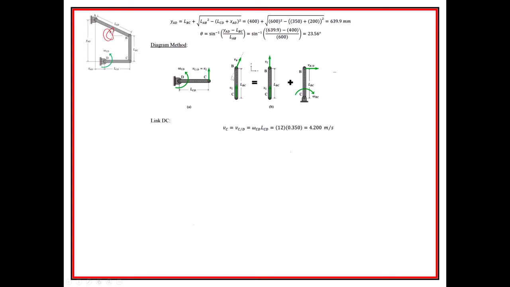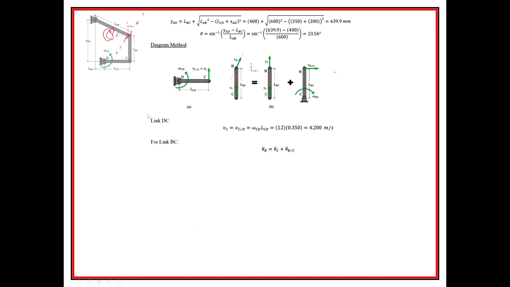And we note that one of the special things is the direction of VB has to be aligned along this axis right here, or along this line. And by the way, this angle right here is going to be the same one as this angle there.